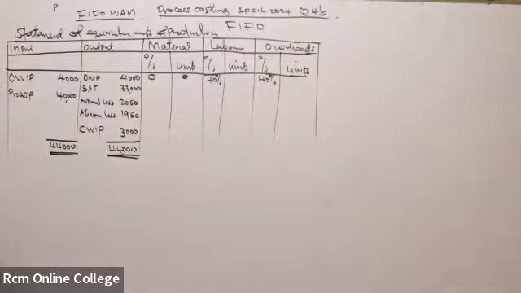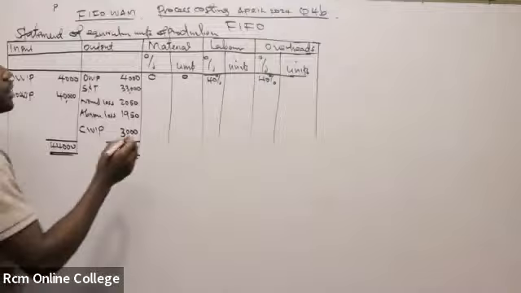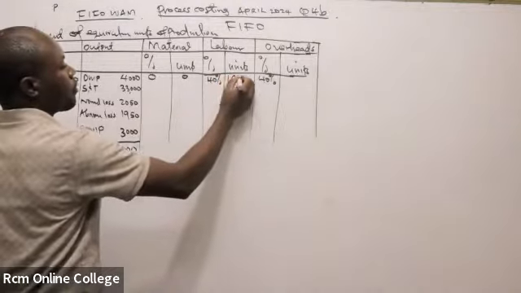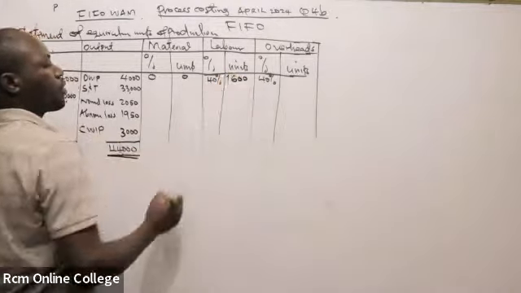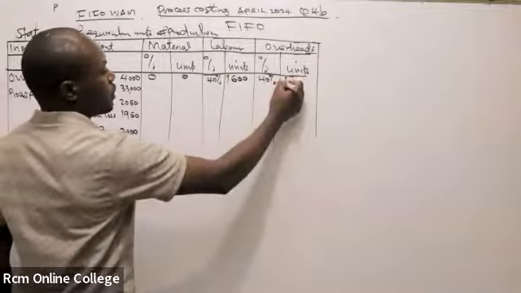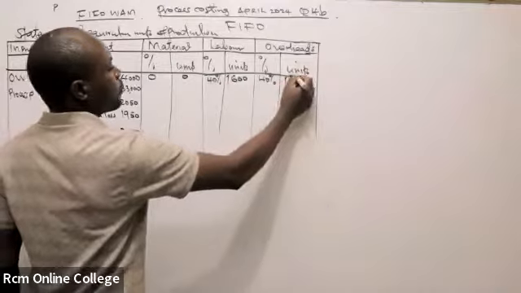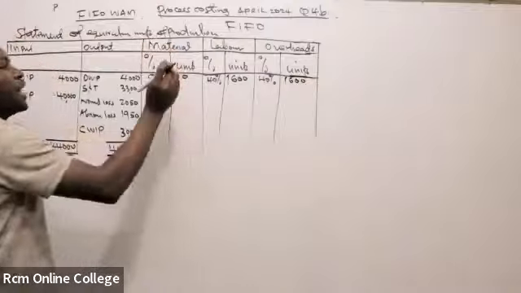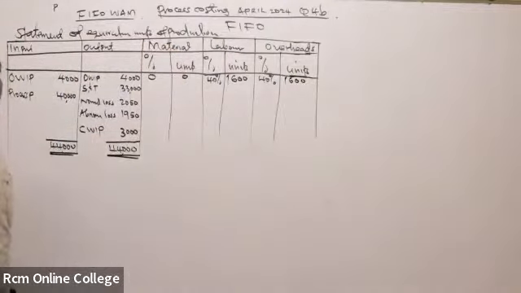It is 1,600. Then the same 1,600 for overheads, 40% of 4,000 units.